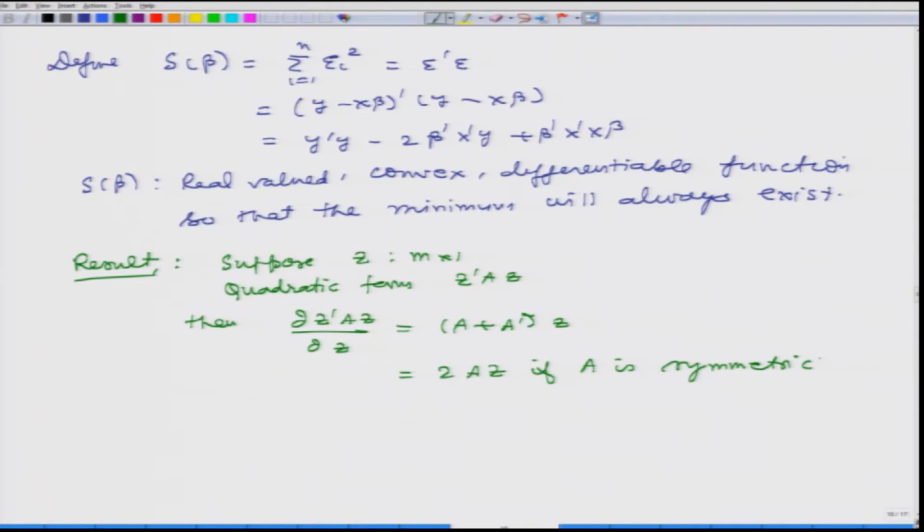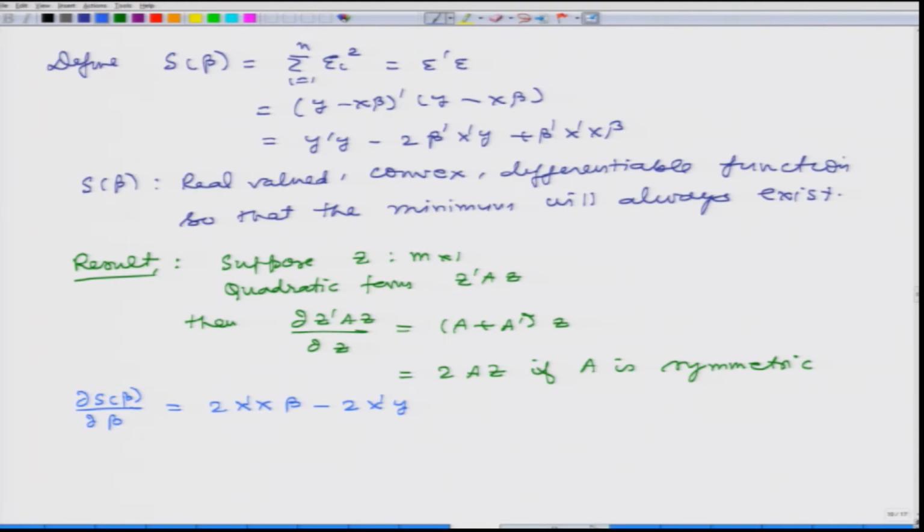So, we are going to differentiate the function S beta, and during this process we are going to use this result, right. Now, partially differentiating S beta with respect to beta, we get twice X transpose X beta minus twice X transpose y, right.